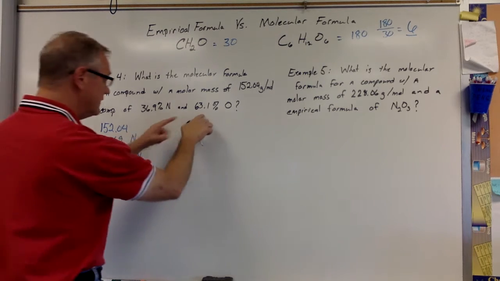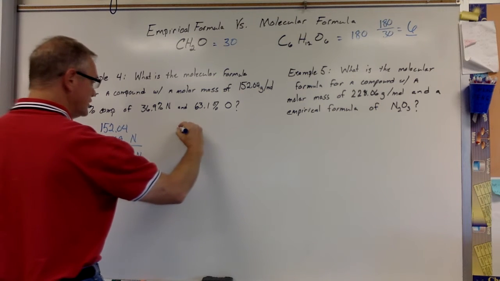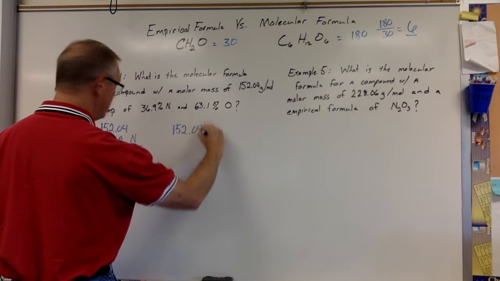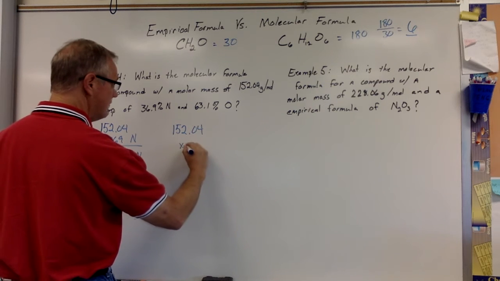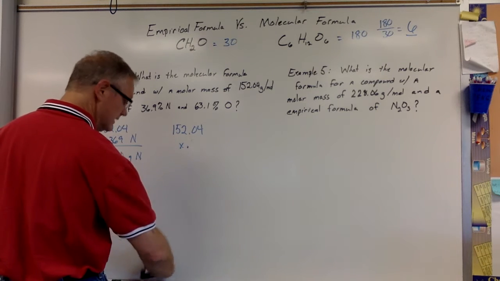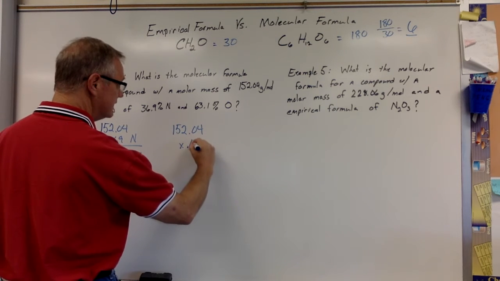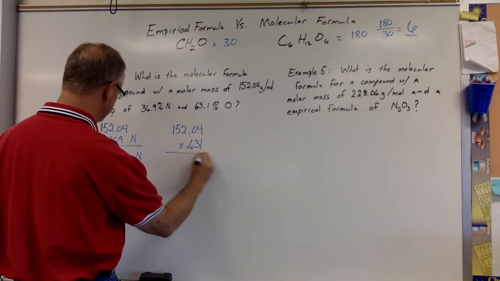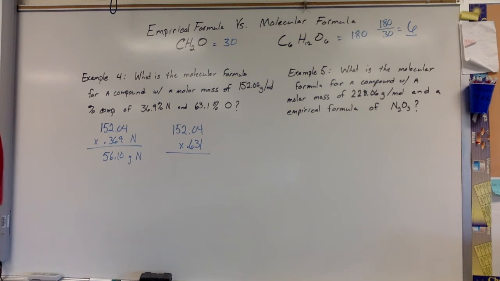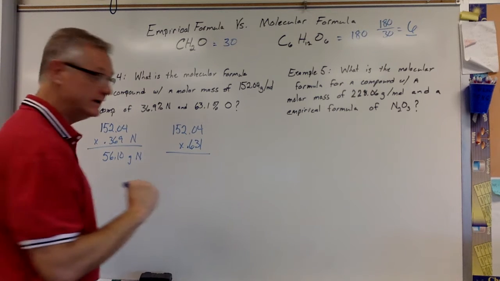I'm going to do the same thing with my oxygen. I'm going to say 152.04, and then multiply that by 0.631. When I do that, I'm going to get a value that is 95.94.